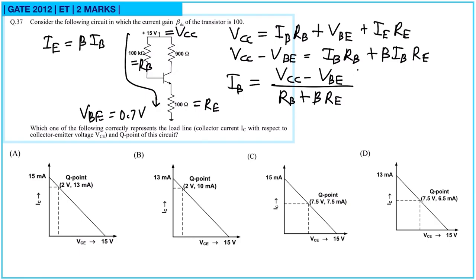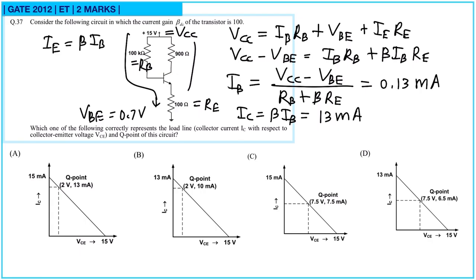So substituting these values of RB, RE, VBE and VCC in this equation, we will get IB to be equal to 0.13 milliampere. So that is IB. From here IC is equal to beta into IB and that is equal to IE as well. Beta is 100, so 100 into this, that is 13 milliampere. So IC is 13 milliampere.